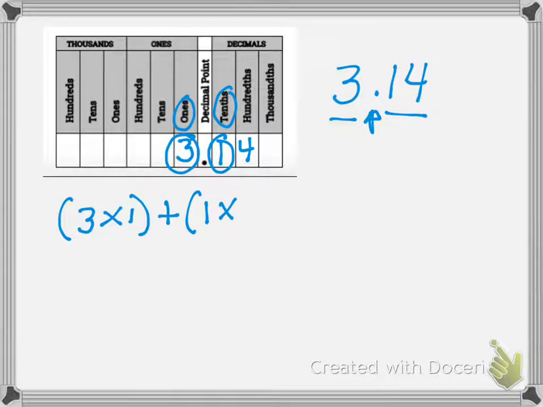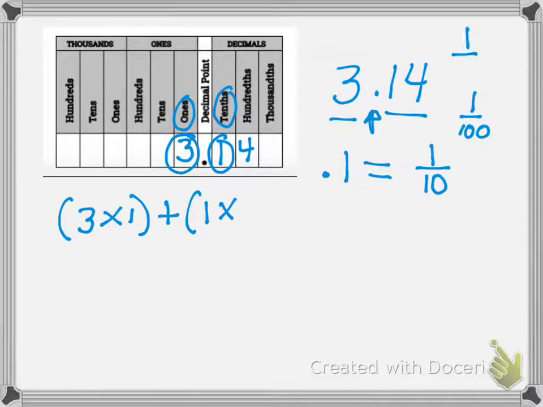So how we write that is as a fraction. So we're going to say 1/10. So tenths, 1/10 equals 1/10. You say it the same exact way. So hundredths would be 1/100ths.